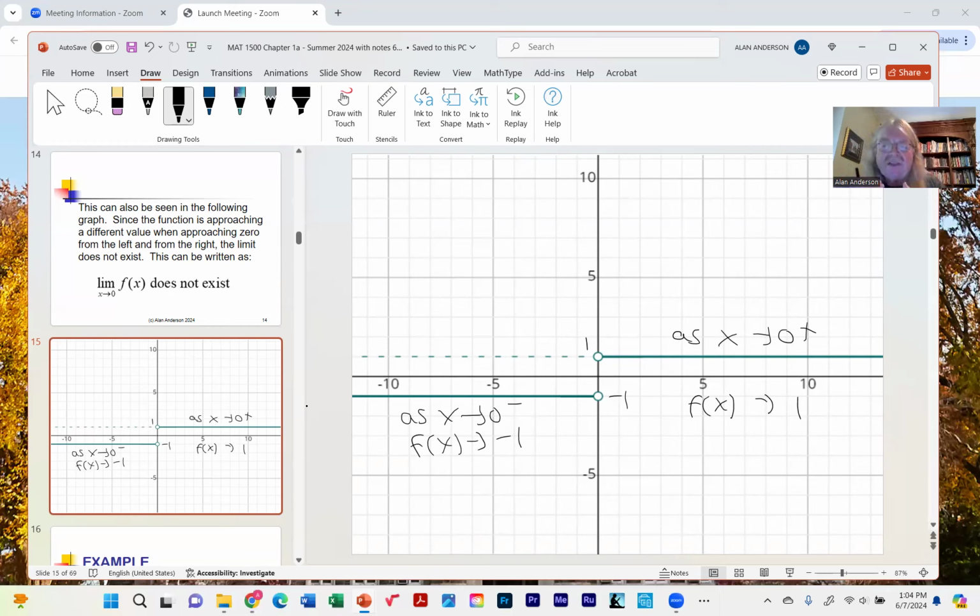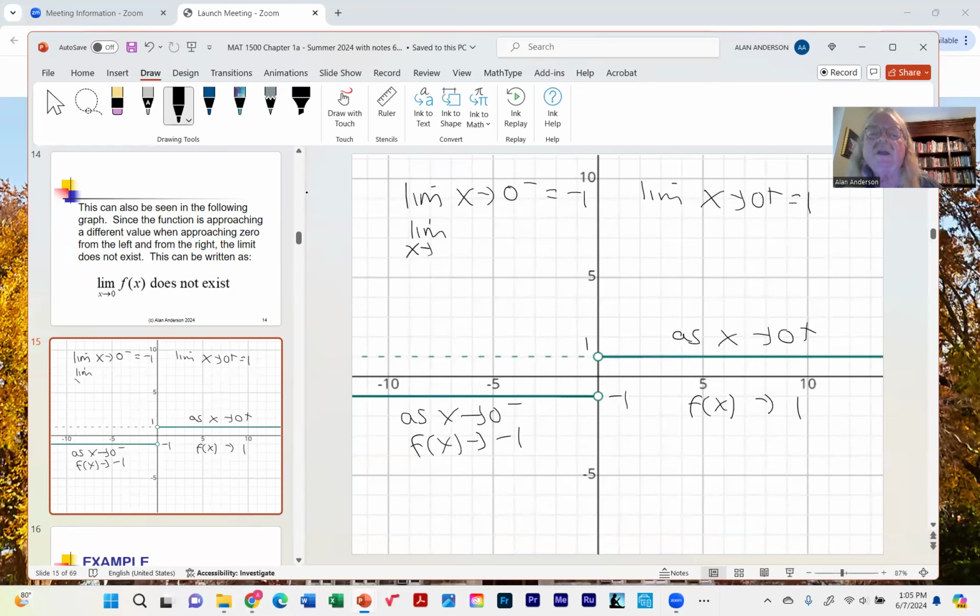They're basically not heading in the same direction. In other words, they're not ending up in the same place. So this means that there is no limit. When something like this happens, the two of them are different from each other. Actually, I just realized I've written this slightly incorrectly.